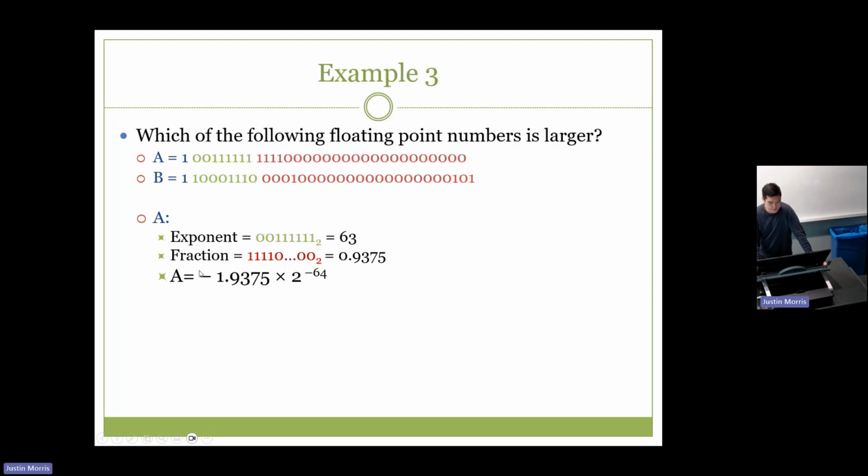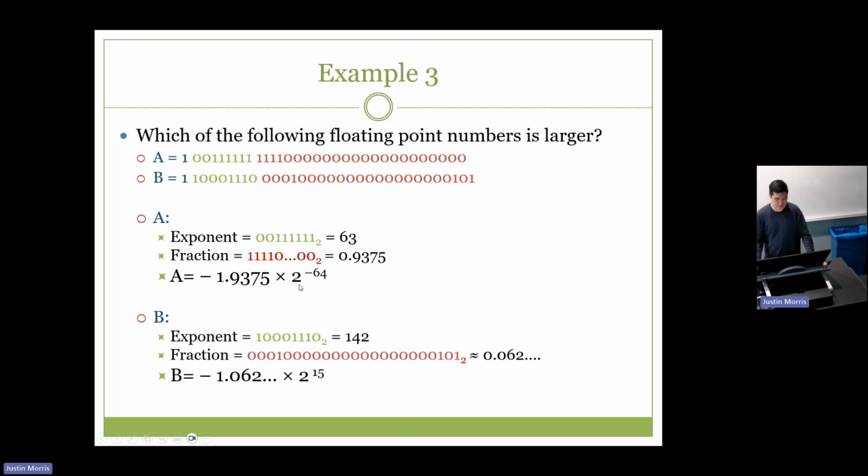We can just say that A is going to be negative and it's going to be shifted to the left by 64. So this is a really, really small number close to 0.